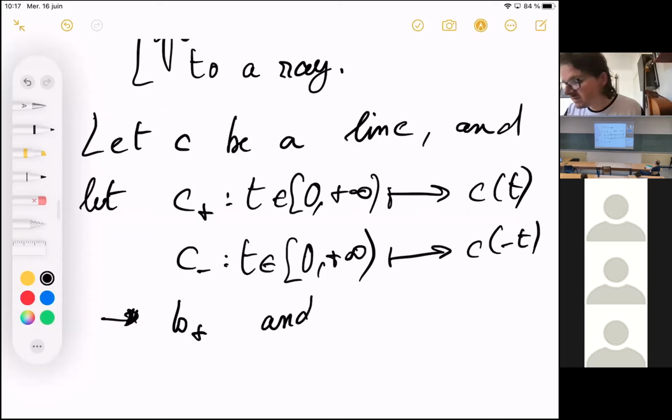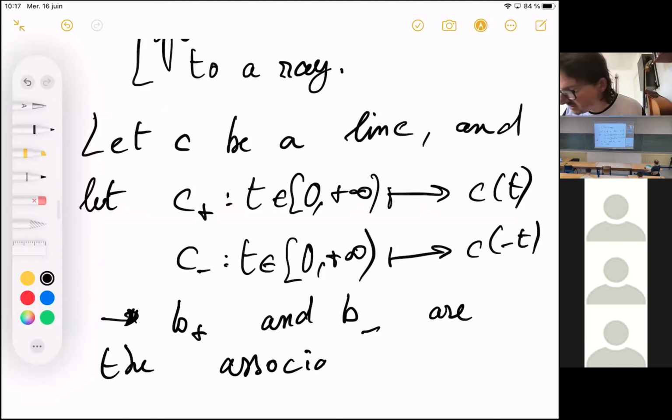I have b plus and b minus, the associated Busemann functions.